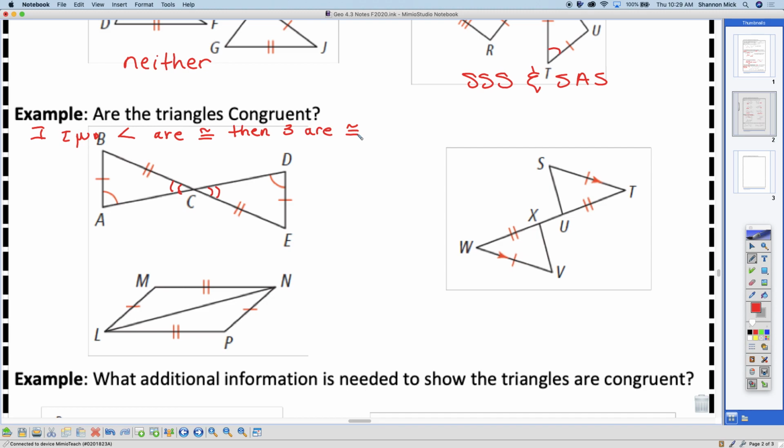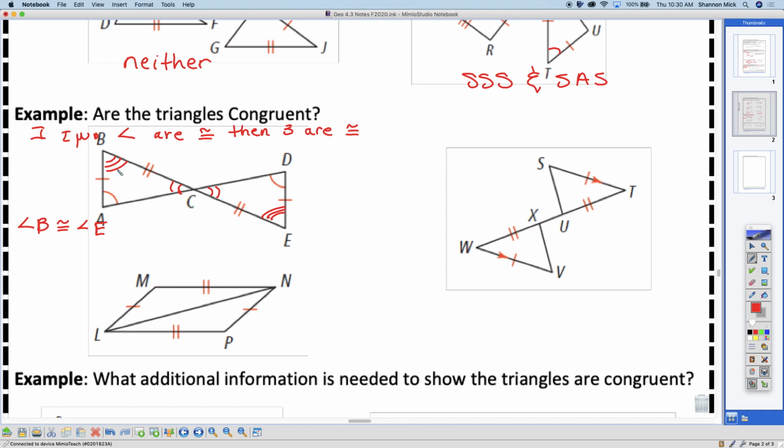So this has to be congruent, yes? Now on your homework, you can't write in your book, so you would say angle B is congruent to angle E. No, it would be angle D. I said B. Angle B is congruent to angle E. So if angle B is congruent to angle E, we now have what?